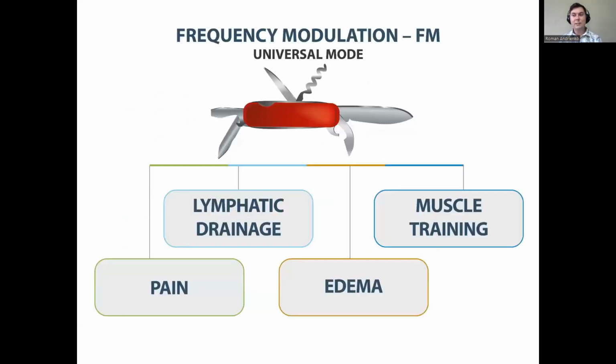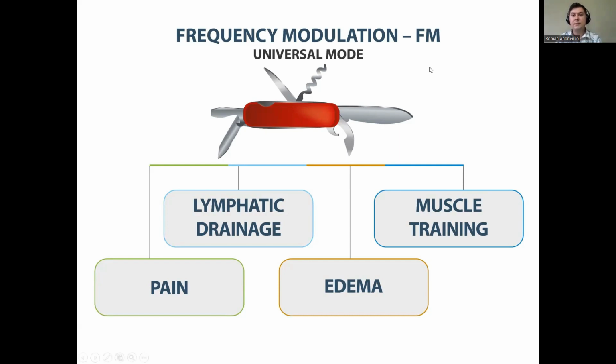The next available parameter in our wonderful scanner, be it professional or personal device, is the frequency modulation. I call it the magic mode because it is one of the most universal things in entire scanner technology. And it is applicable to not 99, but around 85% of all situations you will face.